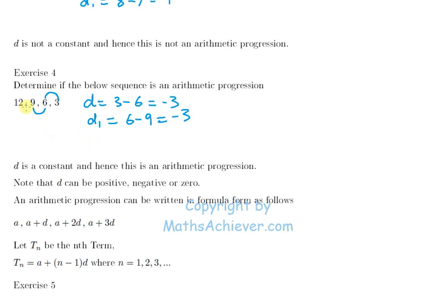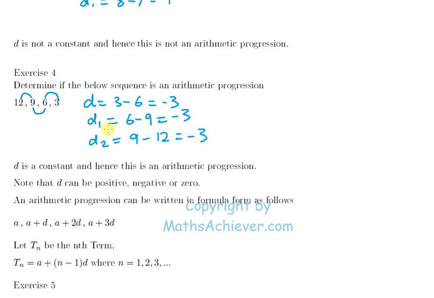And then we can have D2, which equals 9 minus 12, which is also minus 3. So here we can see that D is a constant. Okay, it remains a constant, negative 3, throughout the 3 differences between these 4 numbers, and hence this is an arithmetic progression.